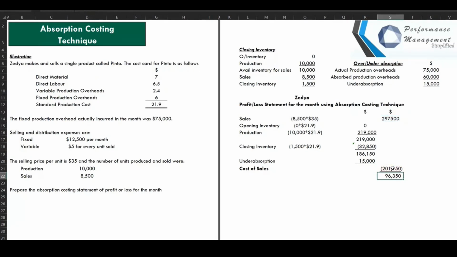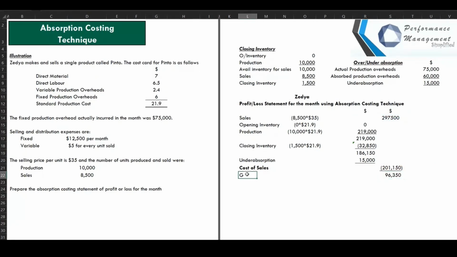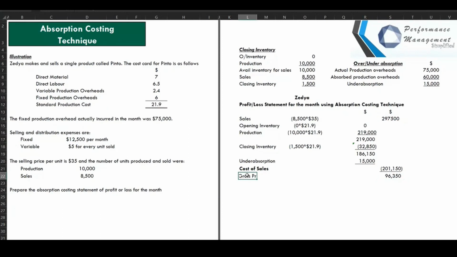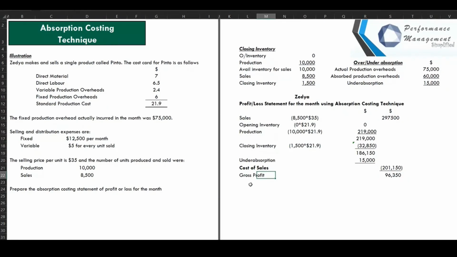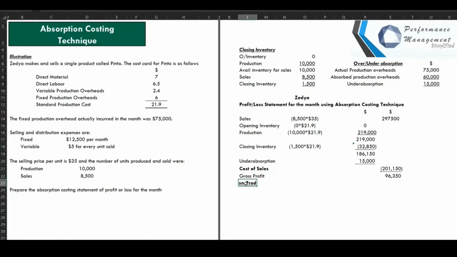There will come back the gross profit. So our gross profit is 96,350. Thereafter, we bring in the non-production costs. All production costs have been used in valuation. Then the non-production costs will be charged as a period cost.